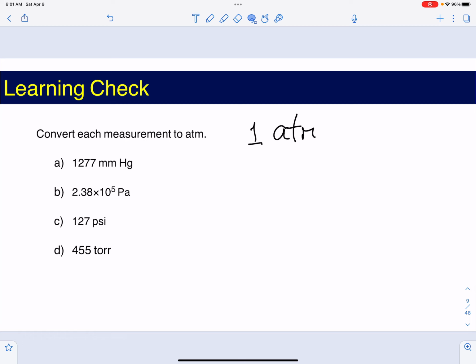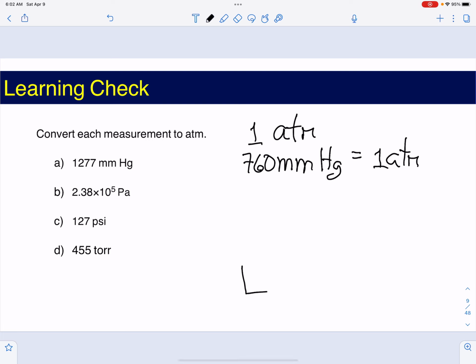There's another measurement to measure pressure. We say that 760 millimeters of mercury is the same as 1 atmosphere. And this is the way we understand this.